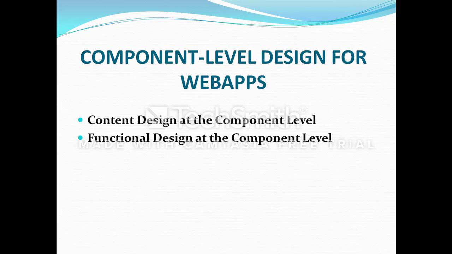First is the content design at the component level. Here the component level focuses on content objects that are presented to web app end users. The second element is the functional design at the component level.